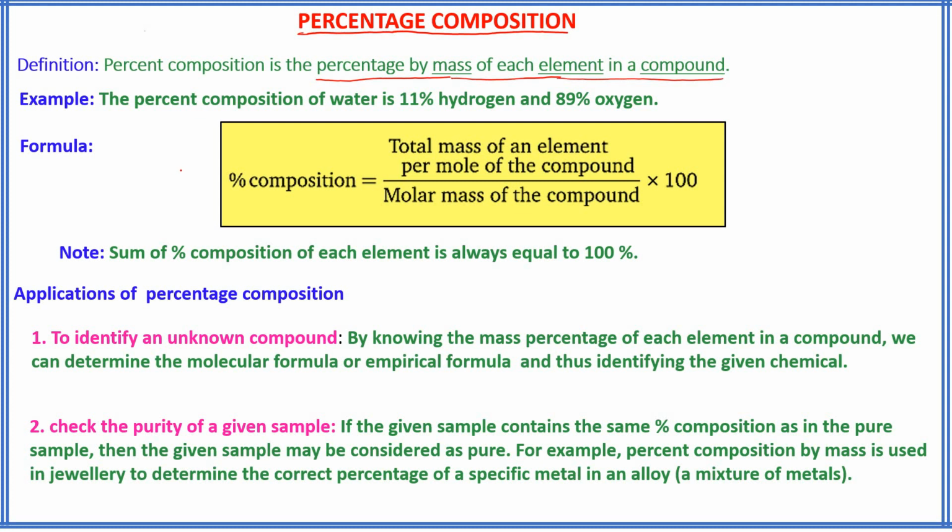What is the meaning of this one? I will take an example here. Water I will take, H2O. It is a molecule. Now, in this H2O molecule, there are two hydrogen atoms and one oxygen atom.